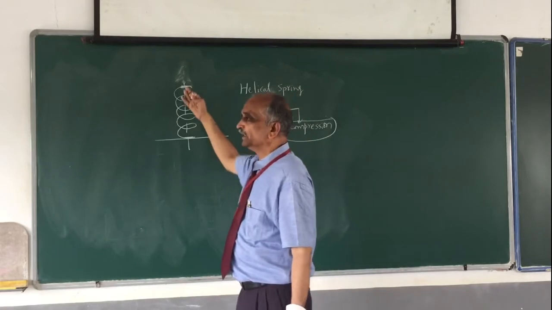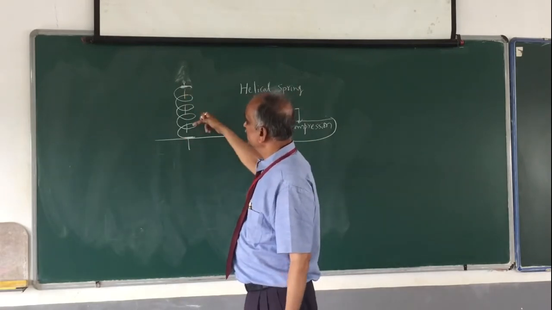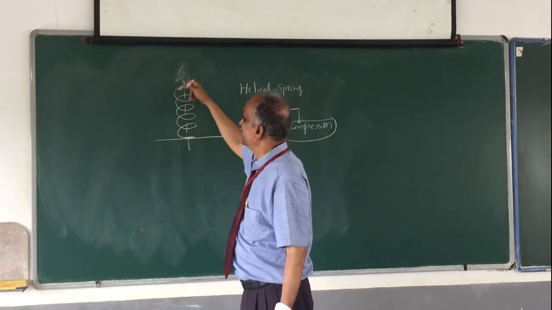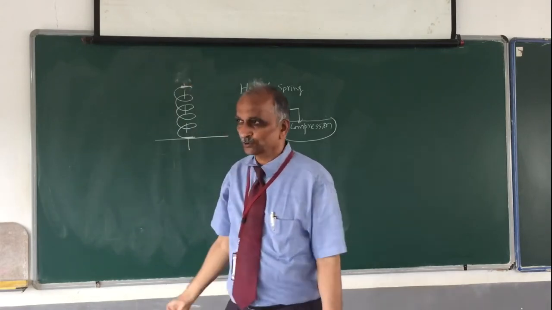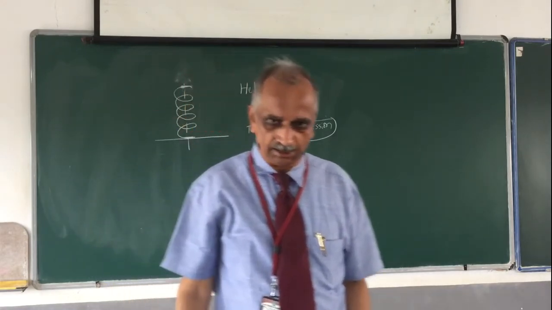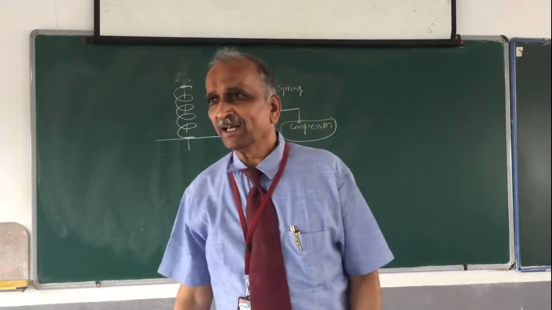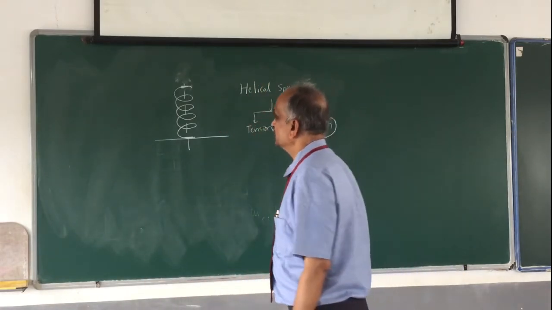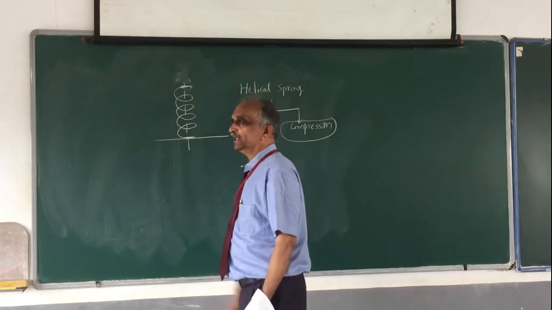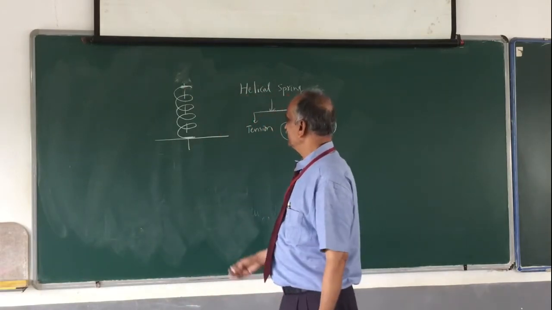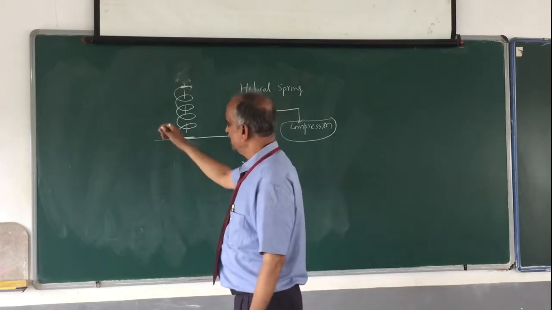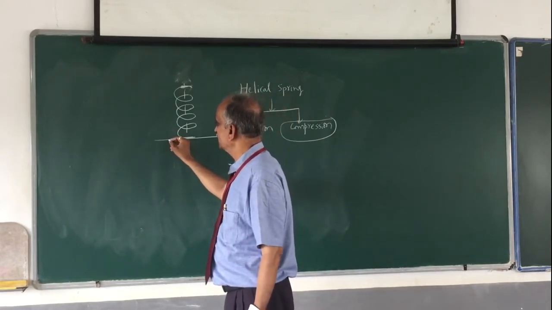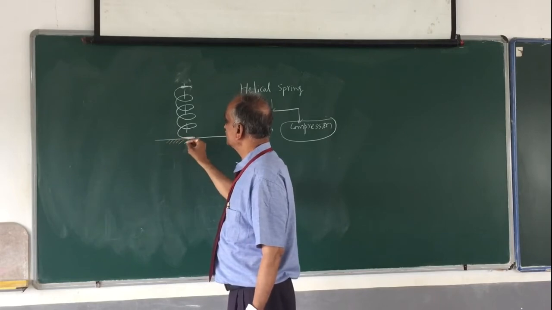I have a spring of this type, with these number of coils. In your design of machine elements, you are going to study a topic called spring design, and there you will study the distance between the two coils, the number of coils, etc. But whatever little is required for Hartnell's governor, I shall explain.